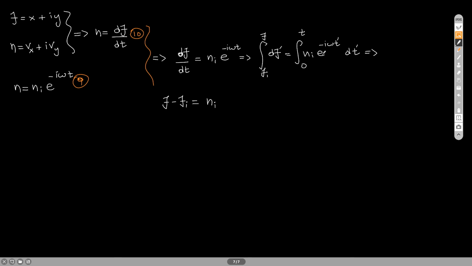And when I integrate e to the minus i omega t prime from 0 to t, this is eta initial over minus i omega times e to the minus i omega t, and when I use a 0 here, I get e to the 0, which is 1.